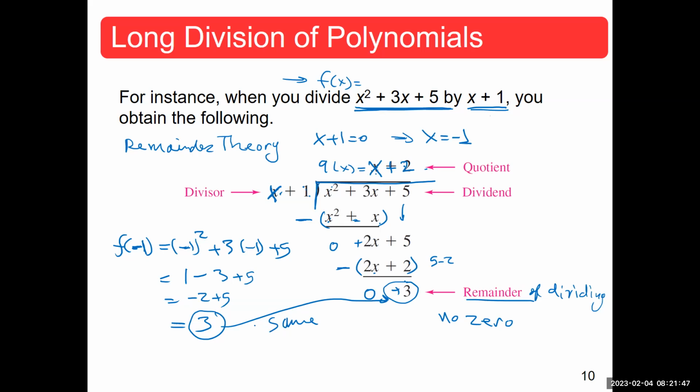That's the beauty of it. So this way, you double check your answer. If you have a remainder, go back and plug in the actual initial number you got from x plus 1 equals 0. If you match this, then you know you did it right. So that's the remainder theory. That's the process of it.